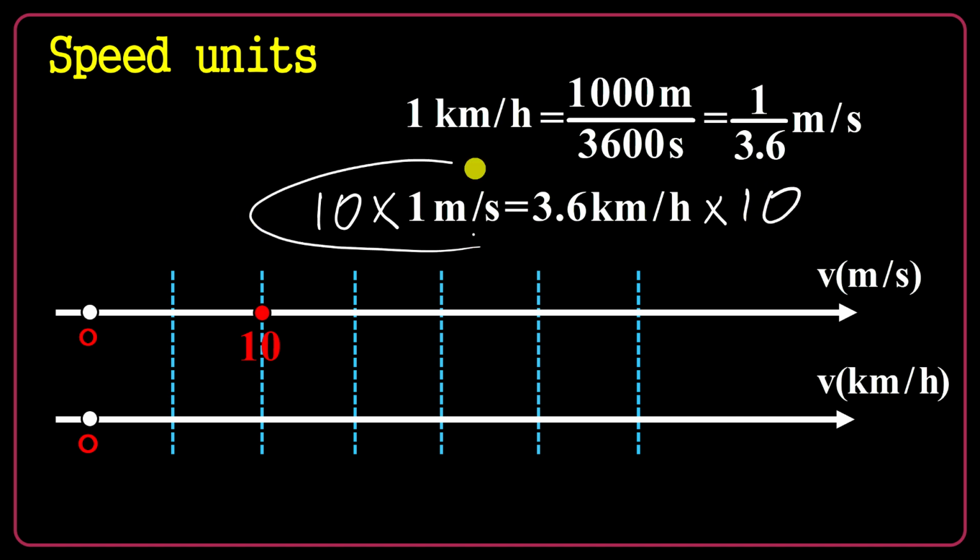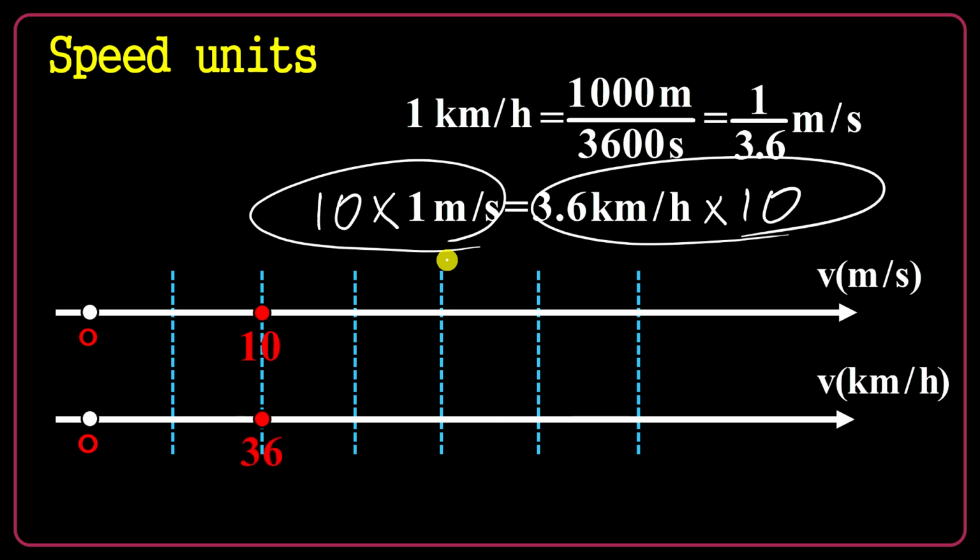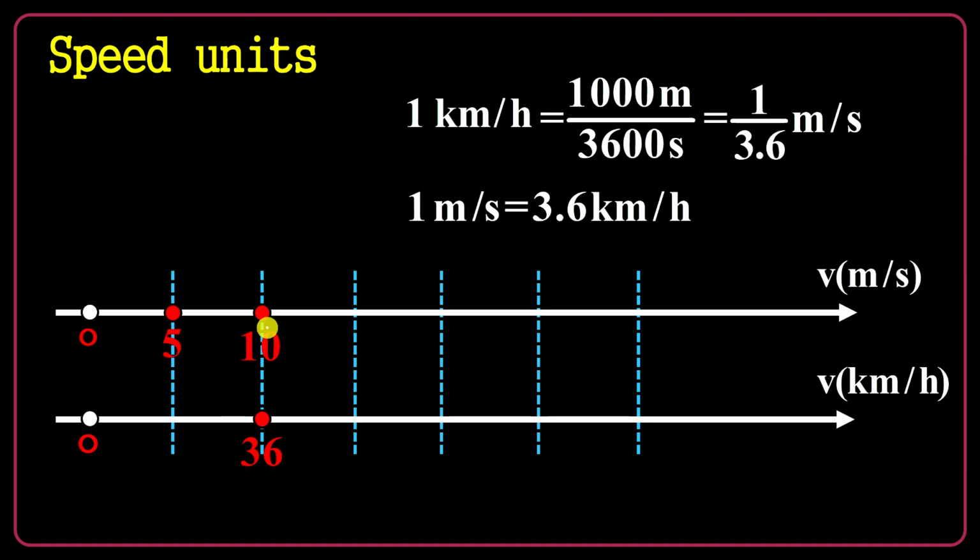So here I will have 10 and on the right side 36. That's all. Good, so I got it. For 36 kilometers per hour, I will go for 10 meters per second. So it's very easy to discover the 5. You know that 5 is half of 10, so this is also half of 36, so it's 18.